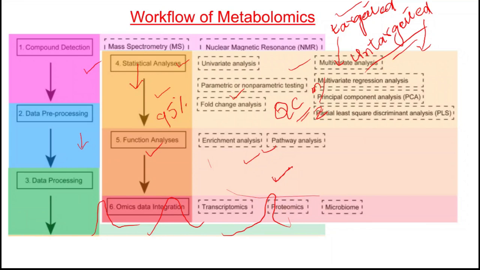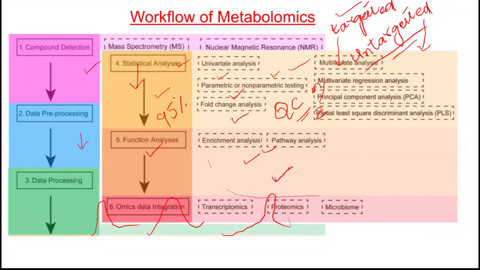In univariate analysis, we can apply parametric or non-parametric testing. If the data is normal, we go for parametric, and if the data is in the form of ratios, then we go for non-parametric testing along with simple t-test and other tests.